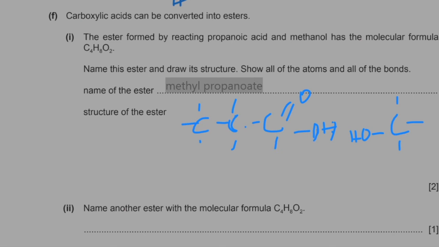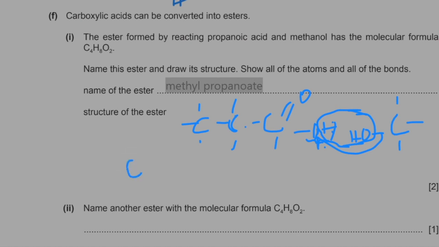So a reaction occurs between the hydroxyl group of the acid and the hydrogen atom from the alcohol, and this oxygen over here gets left out, and a bond forms between this carbon atom and the oxygen atom over here.